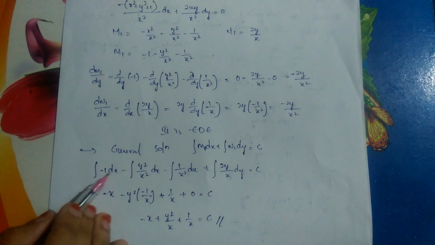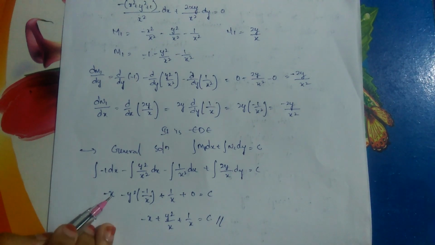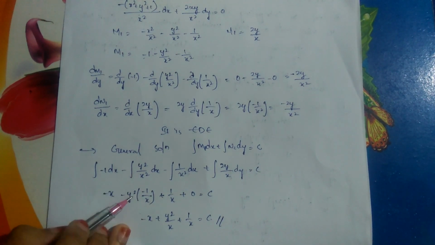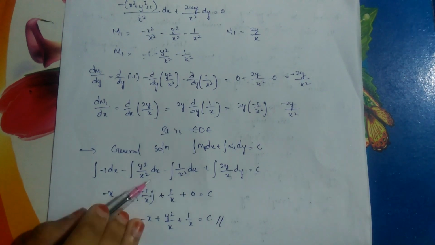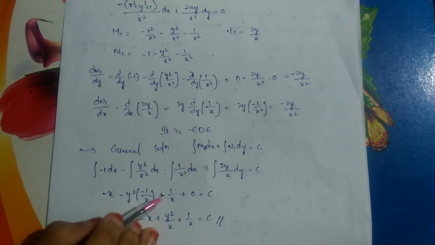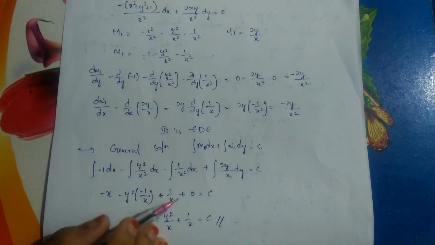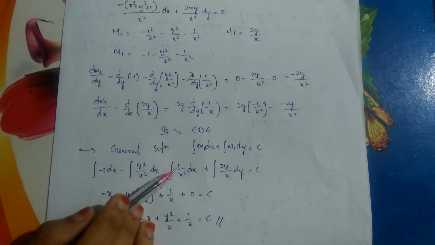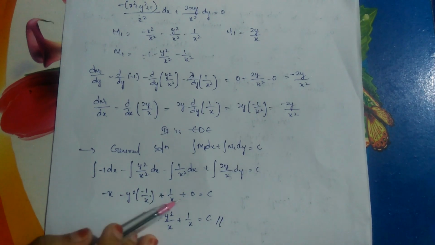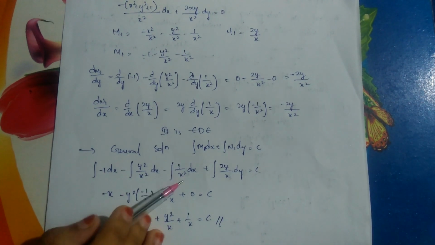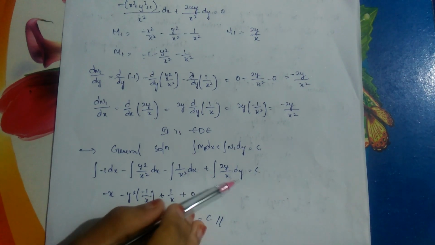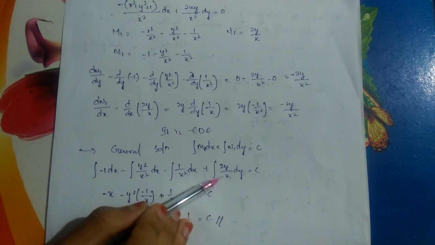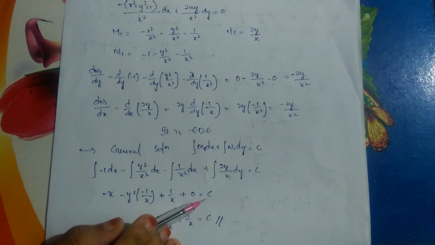So minus 1 dx gives minus x, and minus, here y square is constant, and the integration of 1 by x square is minus 1 by x, so minus into minus is plus 1 by x. And here this value becomes 0 because the x term is present in it. So plus 0 is equal to c.